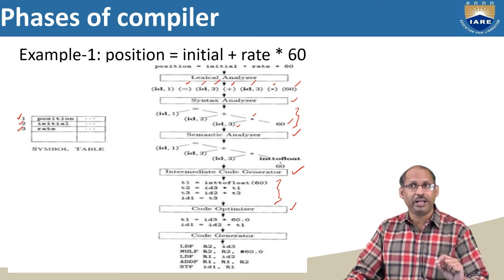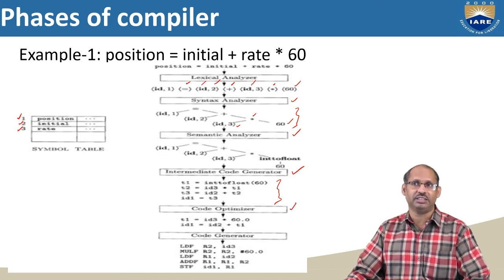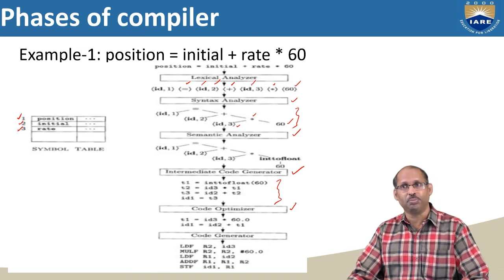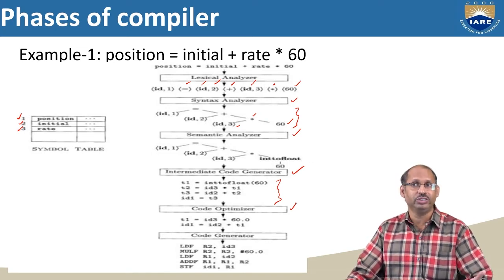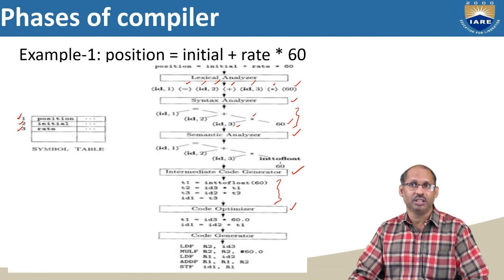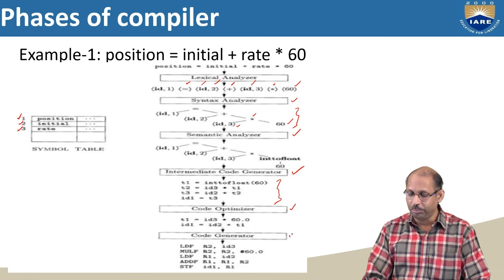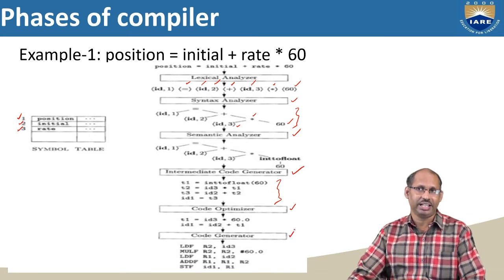This code optimizer is an optional phase in the phases of a compiler. Depending on the programming languages, we use this code optimizer. Right? This output of the code optimizer, optimized intermediate code, will be the input to the code generator.